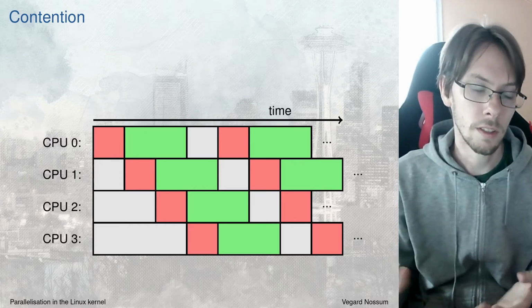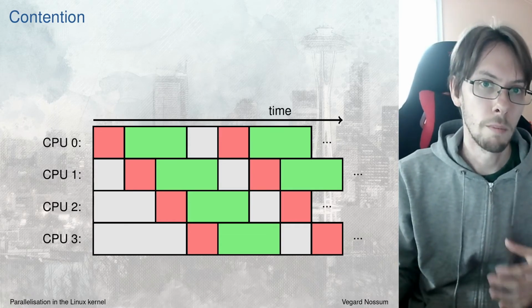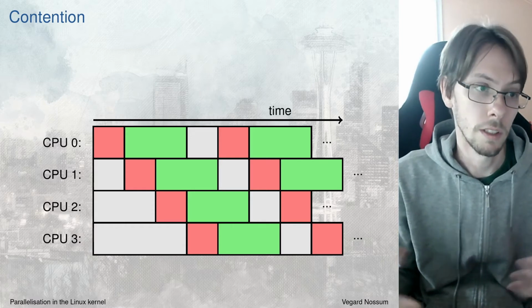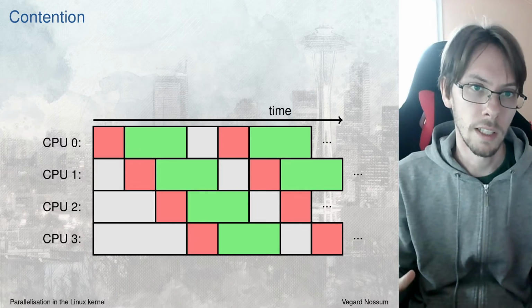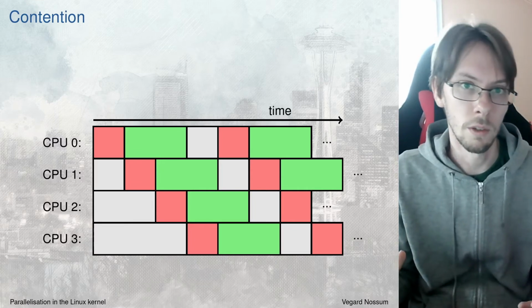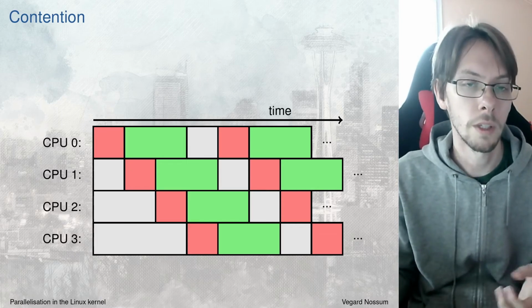And if you're using a sleeping mutex, then you can potentially switch tasks and maybe do something else until the lock becomes available. But switching tasks is really expensive, as you're not just swapping out the CPU registers. You're also blowing away your whole cache.